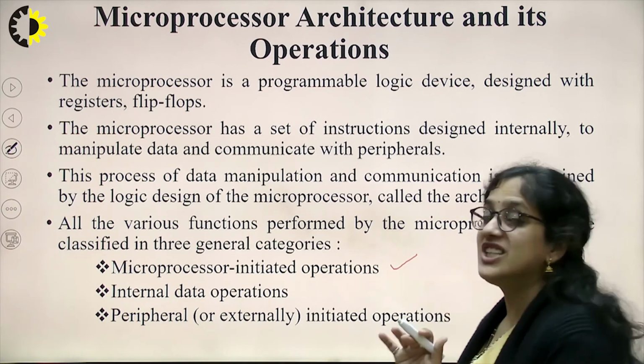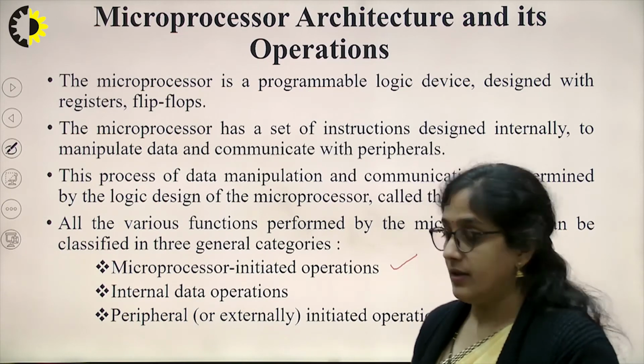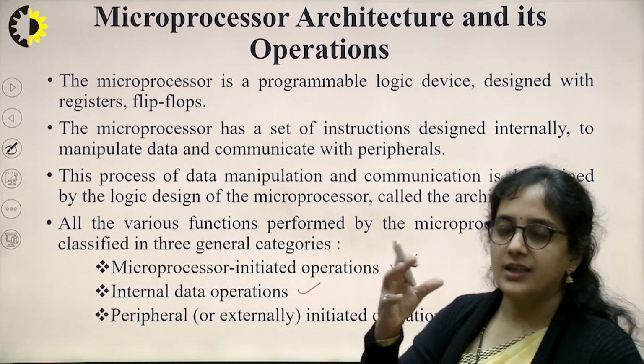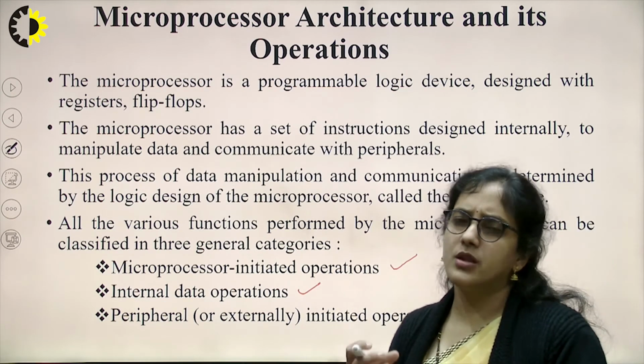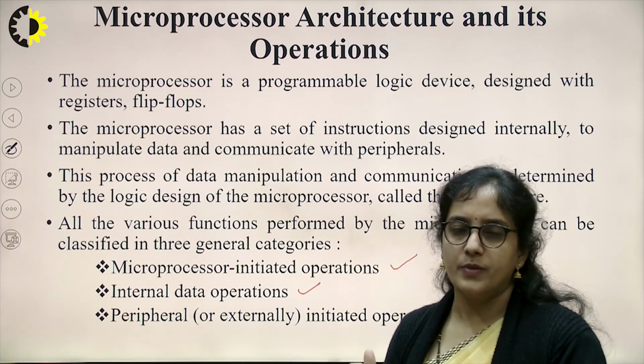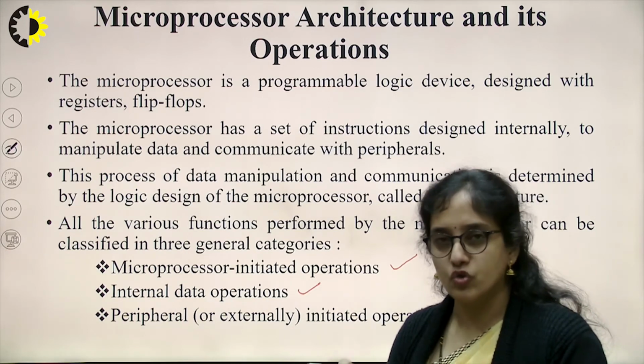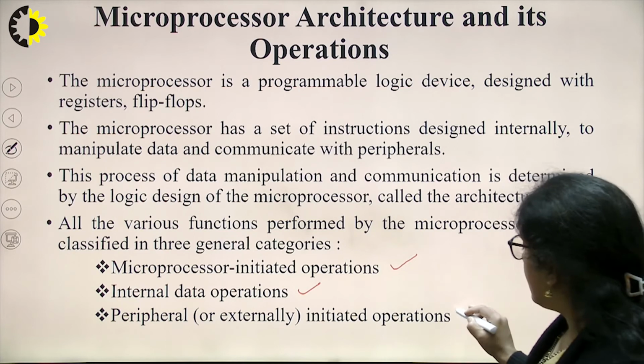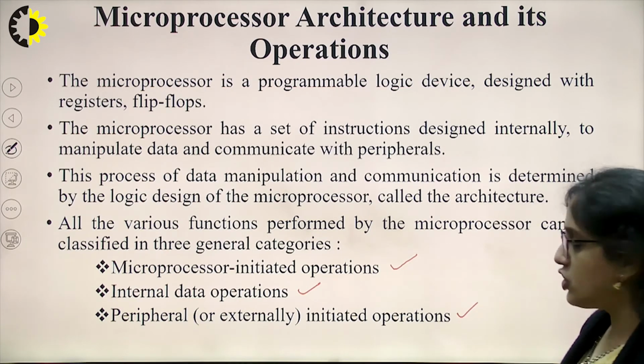Some functions are initiated by the microprocessor. Some are internal data operations, where the data is in the microprocessor and it performs some operation like decoding and storing. And the third category is peripheral initiated operation.